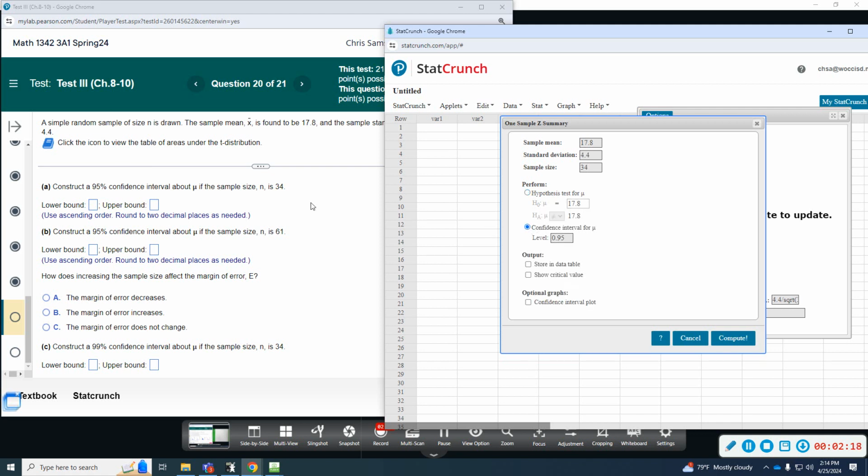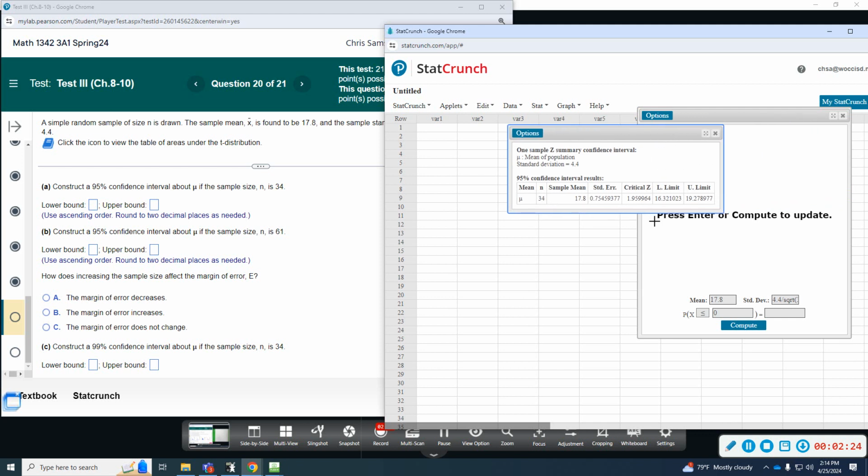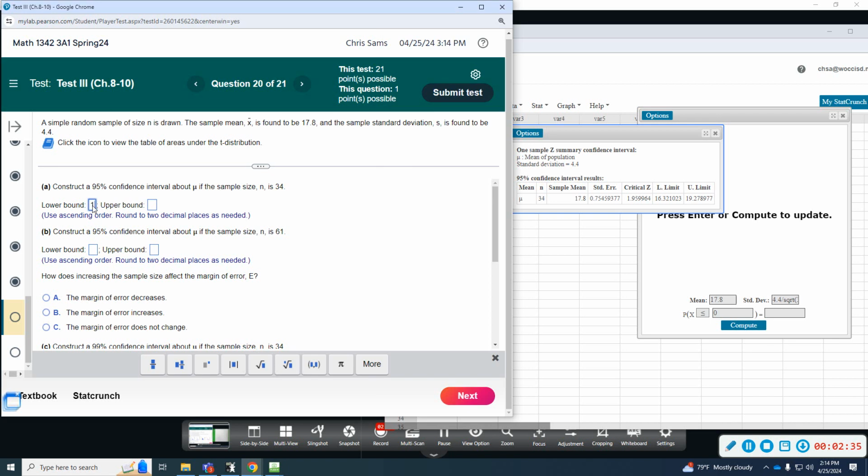So we do a 95% confidence interval. The confidence interval lower limit is 16.32 and the upper limit is 19.28.